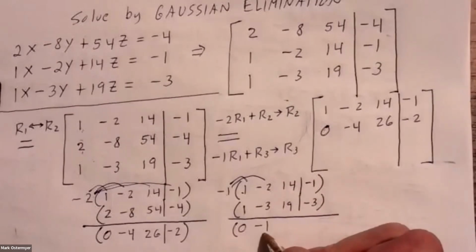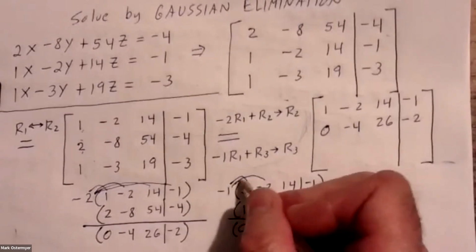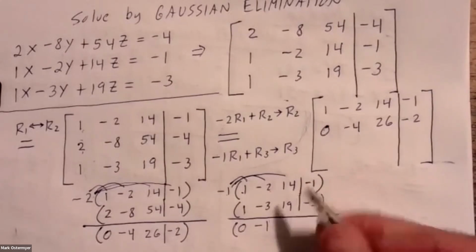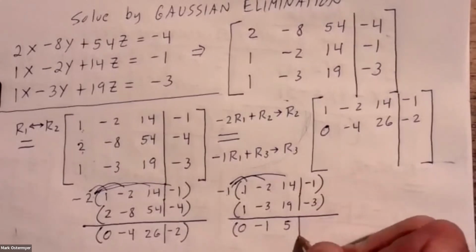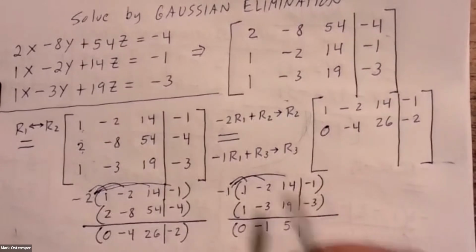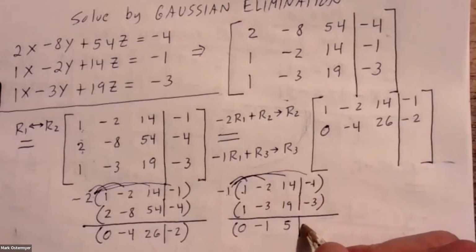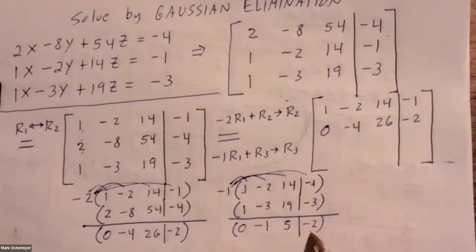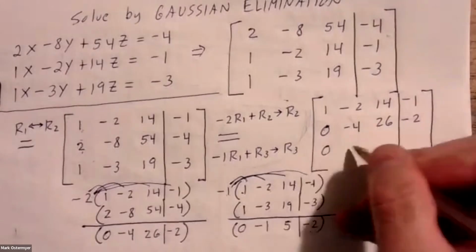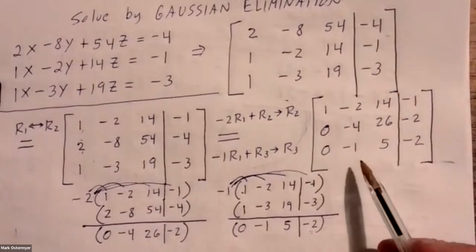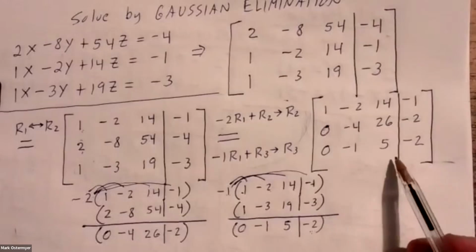The 3-2 entry becomes -1. -1 times 14 is -14 plus 19 is going to be 5. That's the 3-3 entry. And then -1 times -1 is 1. 1 plus a -3 is a -2. So the 3-4 entry becomes a -2. That's your new equivalent row 3. Let's pencil it in. Our matrix has now been updated and transformed to an equivalent matrix looking like this.